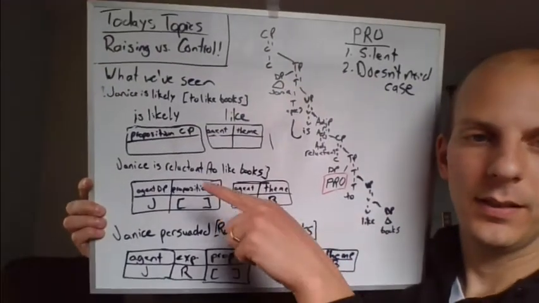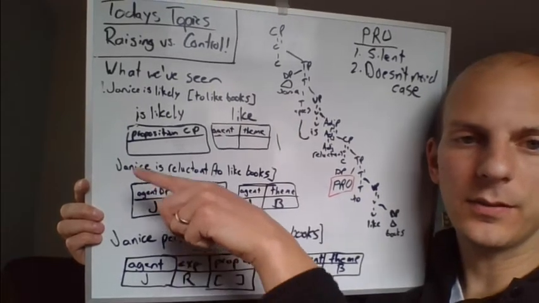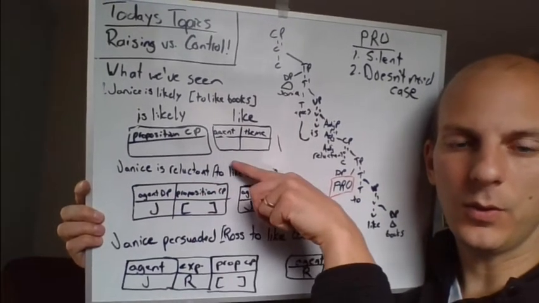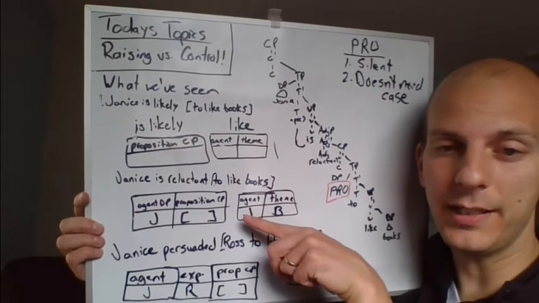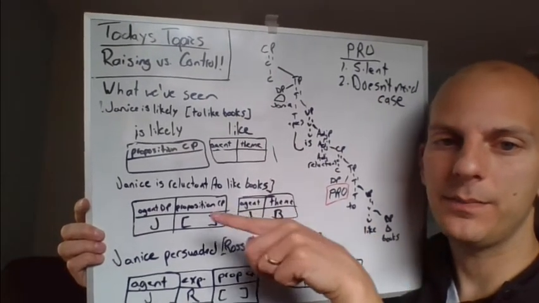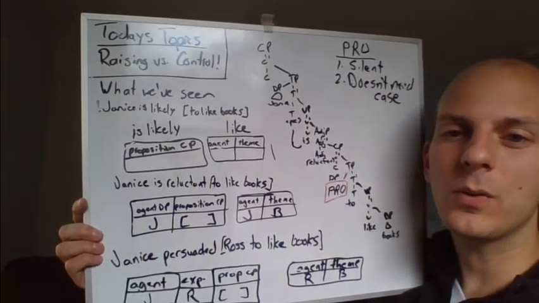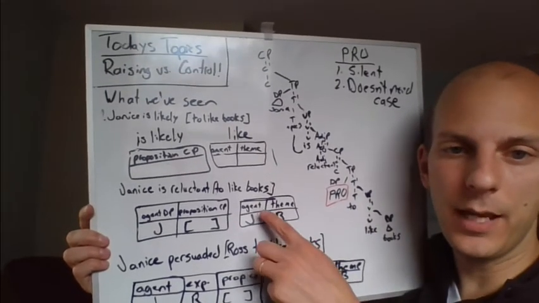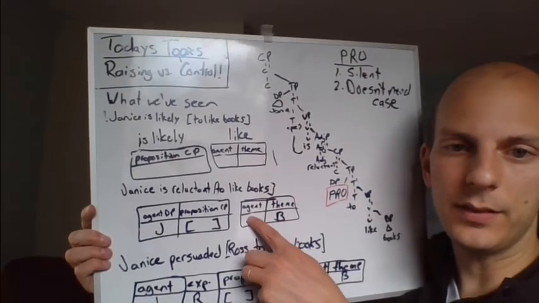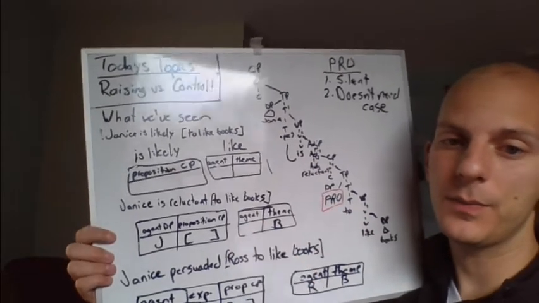So for Janice is reluctant to like books, we saw that Janice was the agent of reluctant. The proposition was this whole bracketed thing. But Janice was also the agent of liking of books, and that books is fine down here. So the problem was that Janice got two theta roles. And how did we solve that? Well, we solved that by saying this one isn't a real Janice, it's a pro. This is big pro. This is where big pro goes.